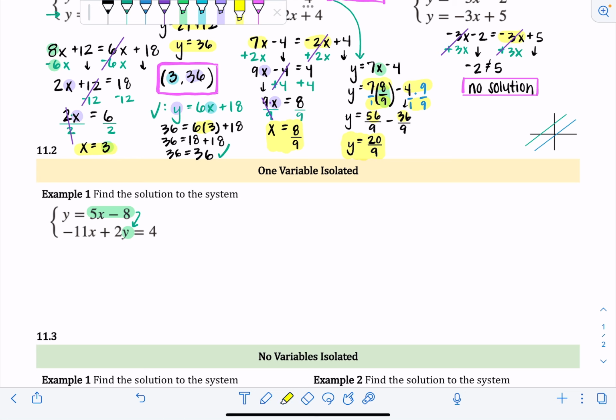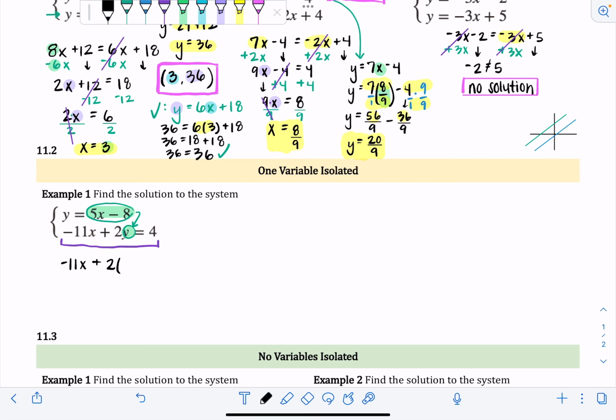So I'm using the second equation kind of as my shell or my base. So most of it is going to stay the same. So the negative 11x and then plus 2y, but instead of y, this whole thing is going to go in there. And since 5x minus 8 is multiple terms, I'm going to have to use parentheses to group it together.